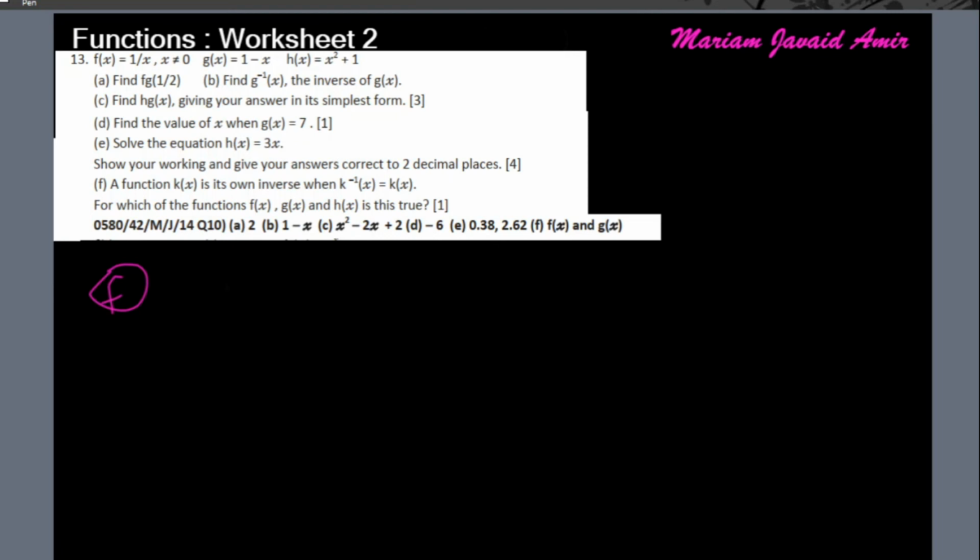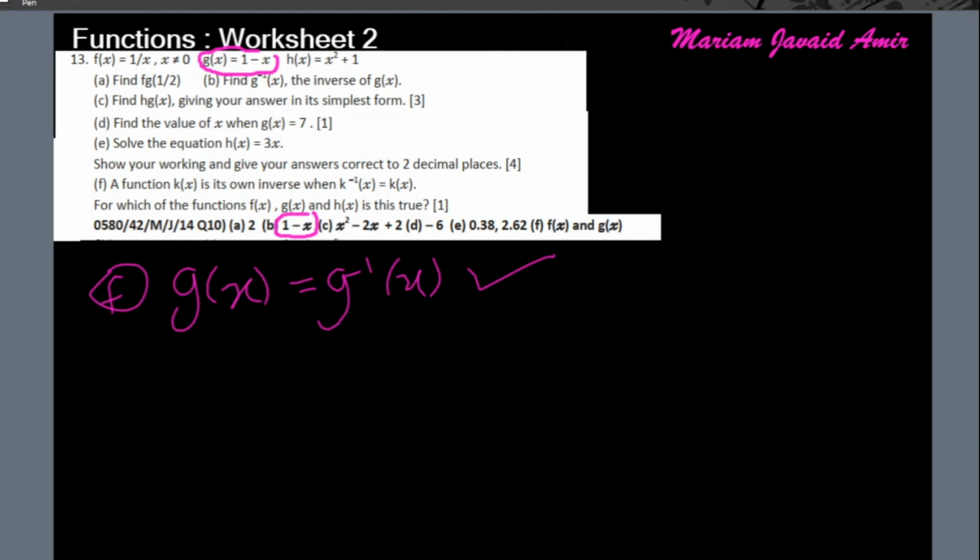So we've already found g inverse of x. So let's check for g(x) first. So is g(x) equals g inverse of x? Yes, it is, because g(x) was 1 minus x, and when we found g inverse of x in part B, we got the same answer, 1 minus x. So it is true for g(x).